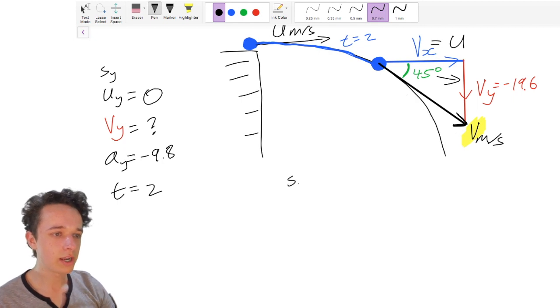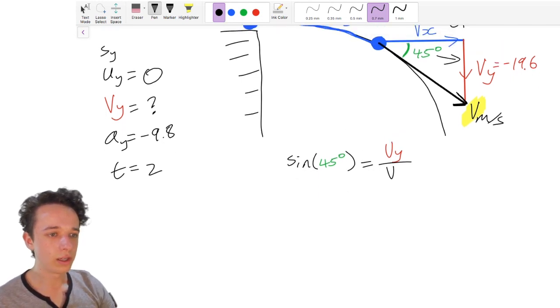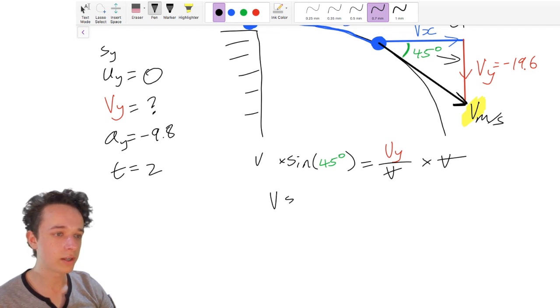So we can say that sine of 45 degrees is equal to opposite, which is Vy, over hypotenuse, which is V. We're trying to find an expression for V, and if we rearrange this equation, we can multiply both sides by V. These two V's will cancel out and we'll be left with V sine 45 is equal to Vy.